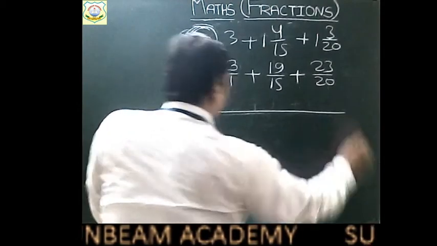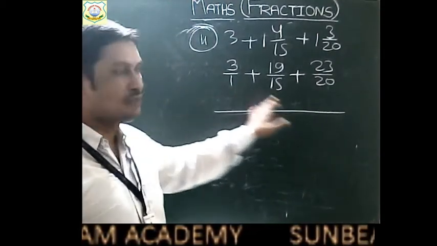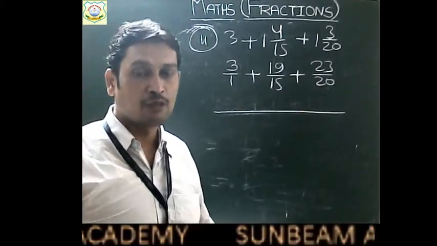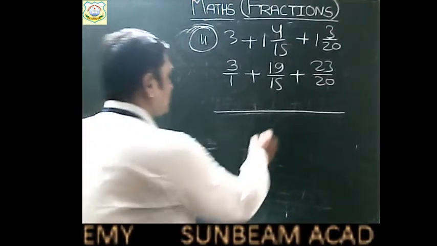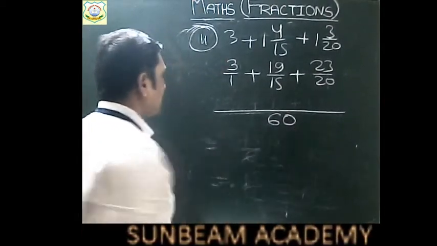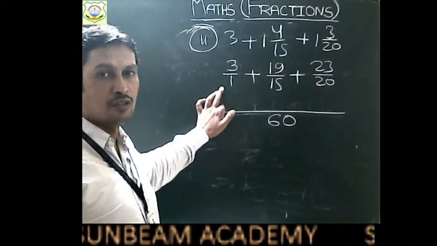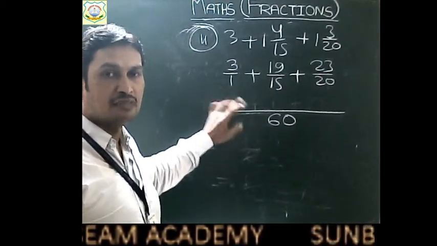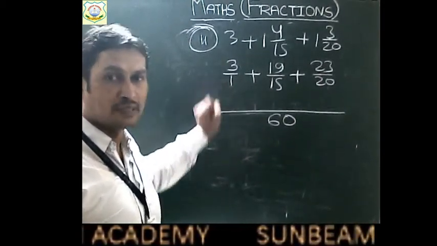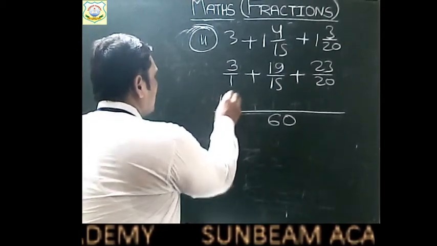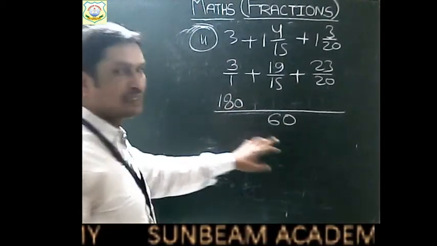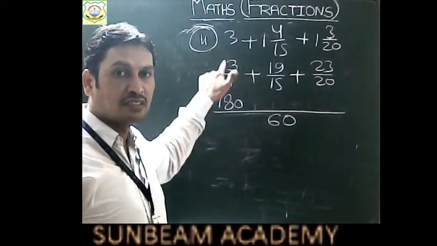Now children, find the LCM of 1, 15 and 20, and the LCM of 1, 15 and 20 is 60. Right children? Now 60 divided by 1 will give 60, and 60 times 3 is 180. So we will divide by the denominator, we will get 60 and multiply 60 with numerator 3.